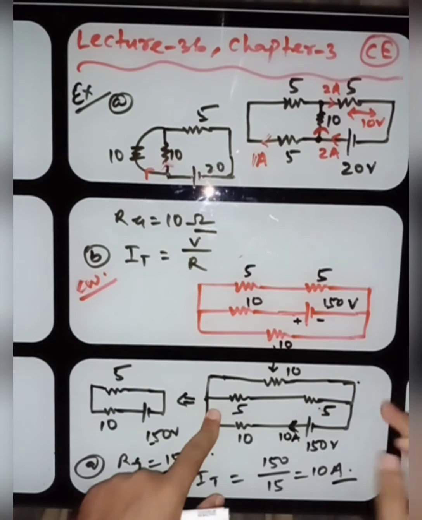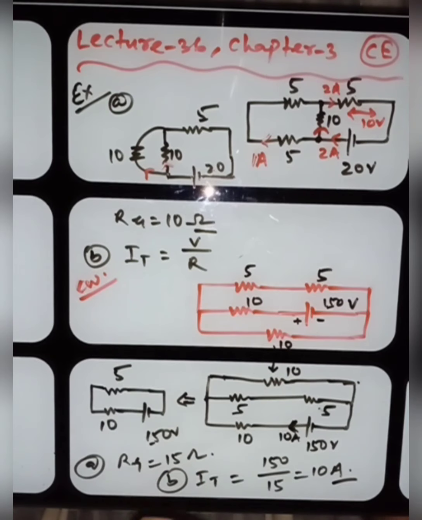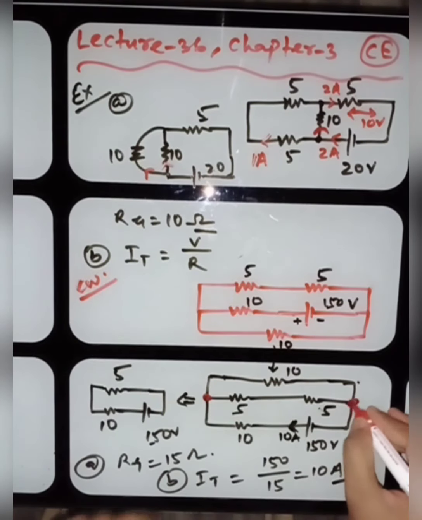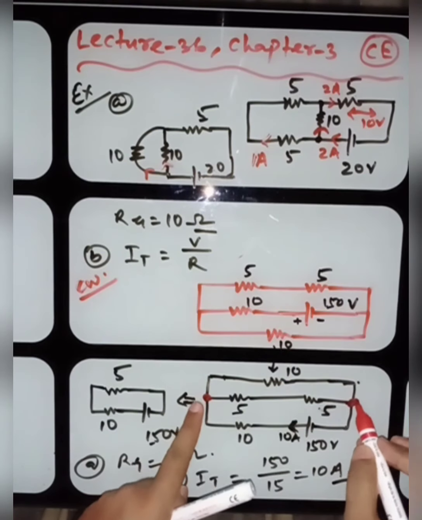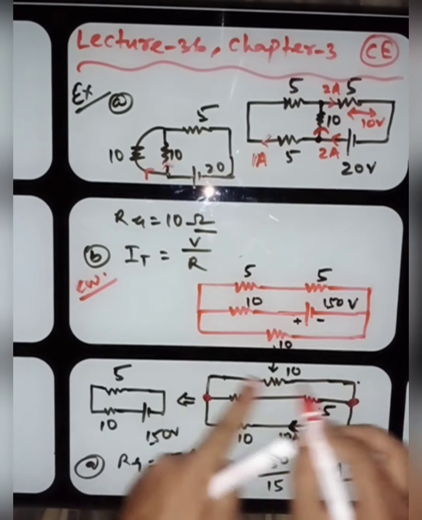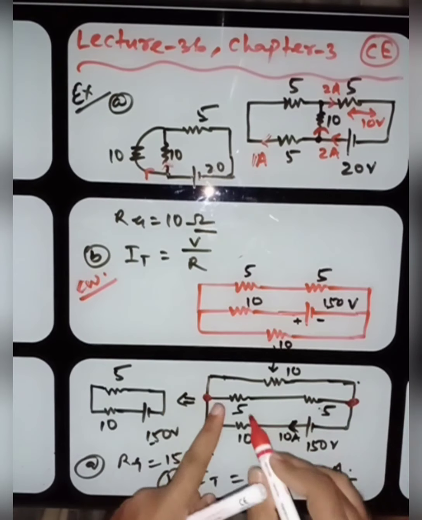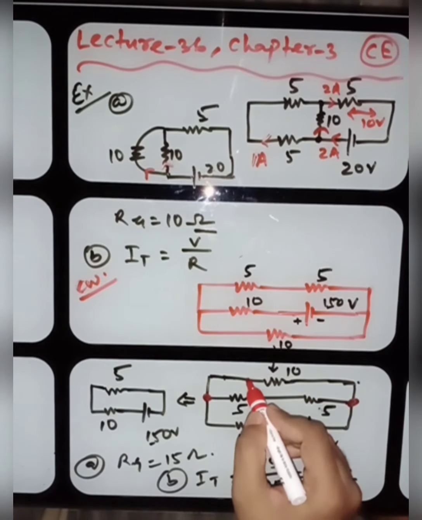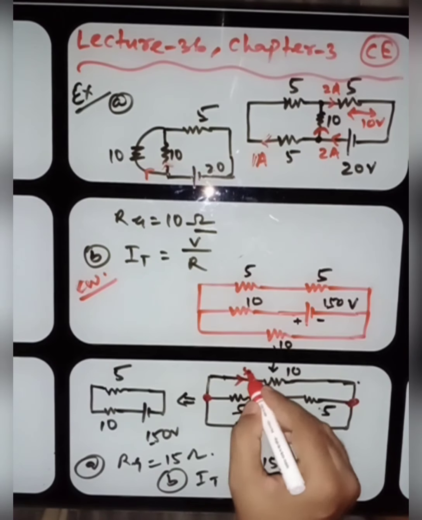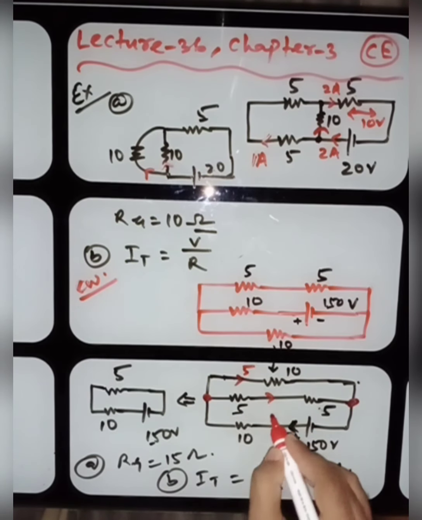Across this branch, if you study these two points, there is 50 volt across this one, which means 50 volt is received by this branch and 50 volt is received by this branch. So the current here is 5 ampere, and here also 5 ampere.